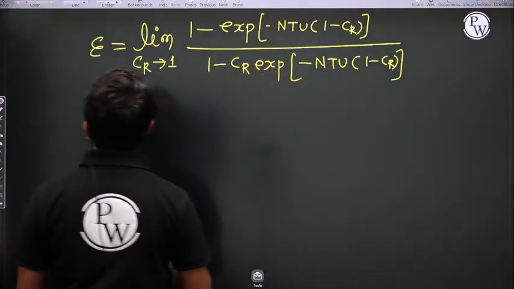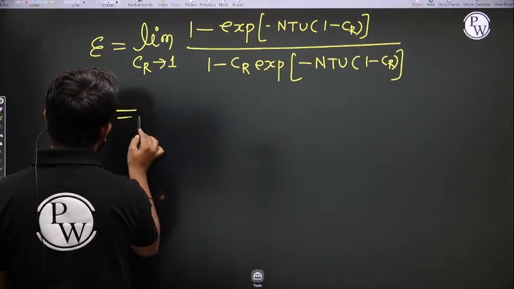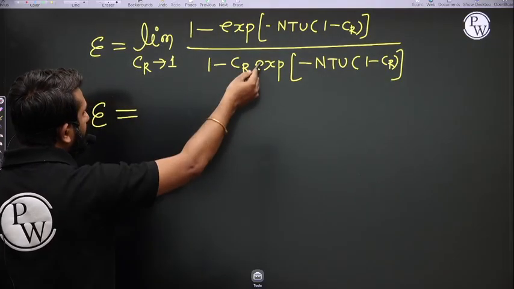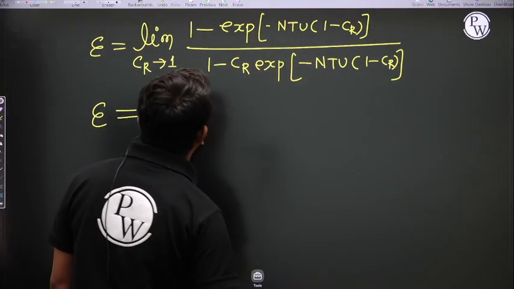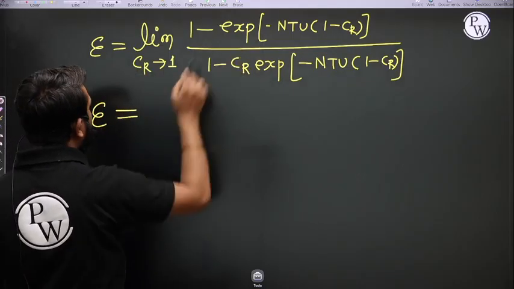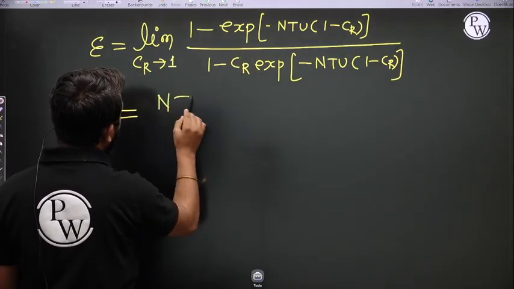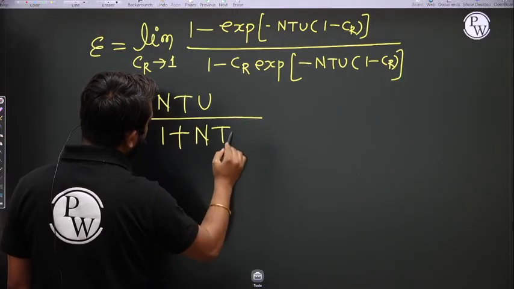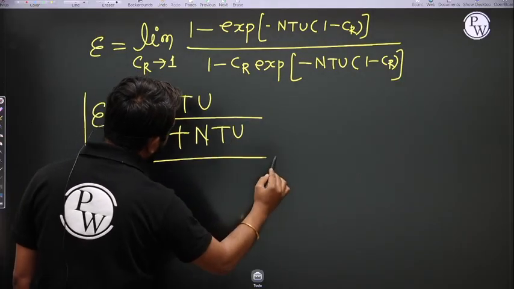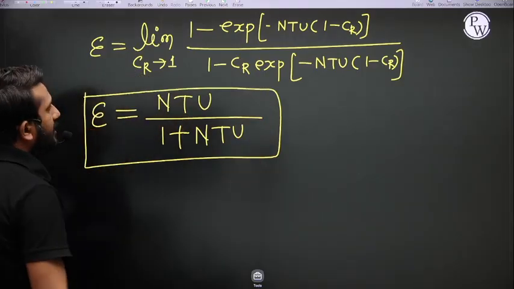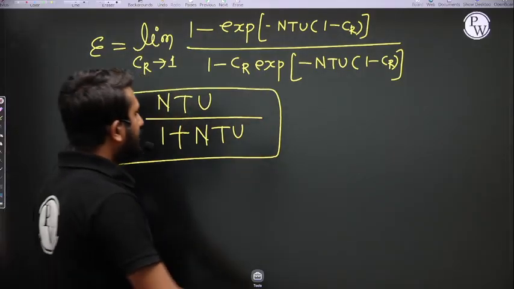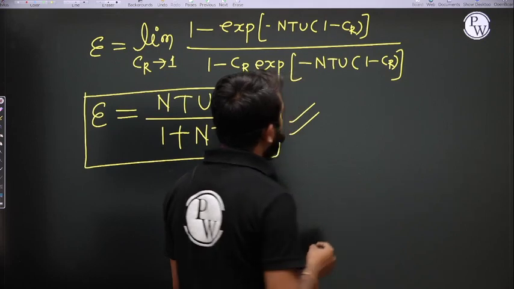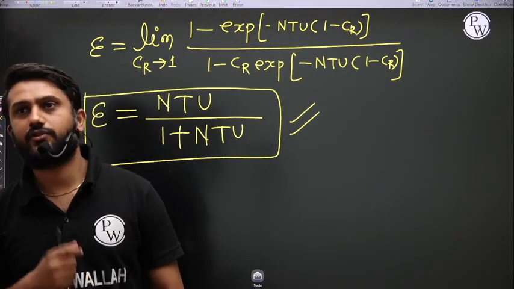When you solve this by using the L'Hospital rule, what you get is NTU upon 1 plus NTU. This is the mathematical expression for the effectiveness.